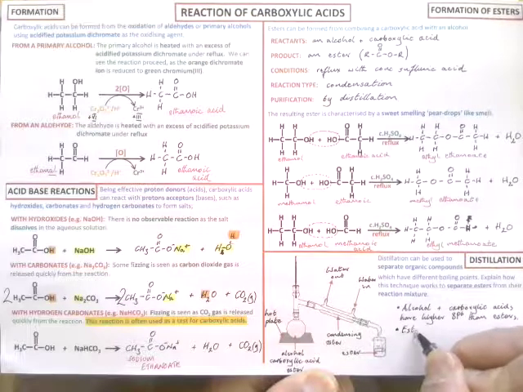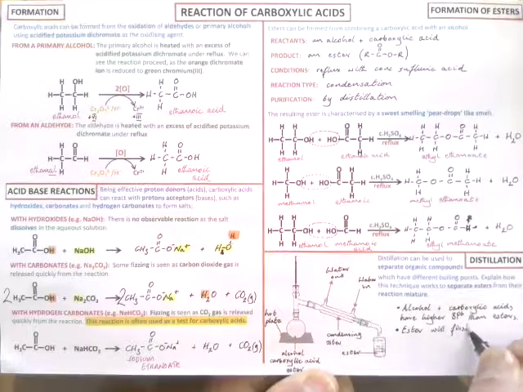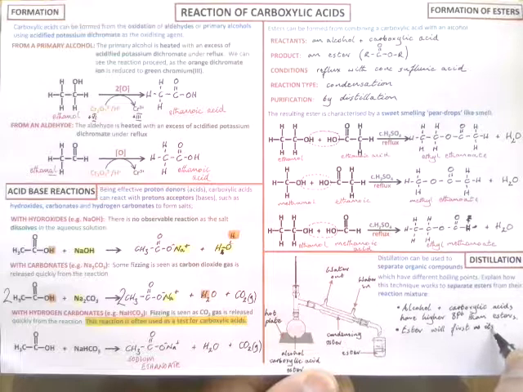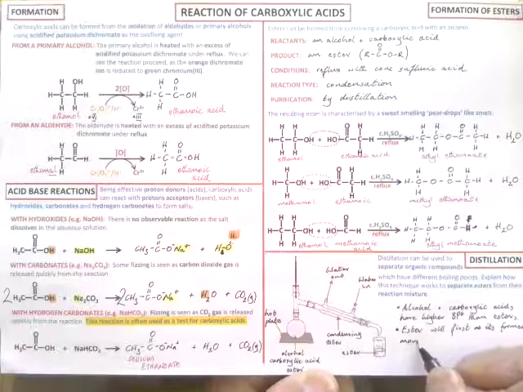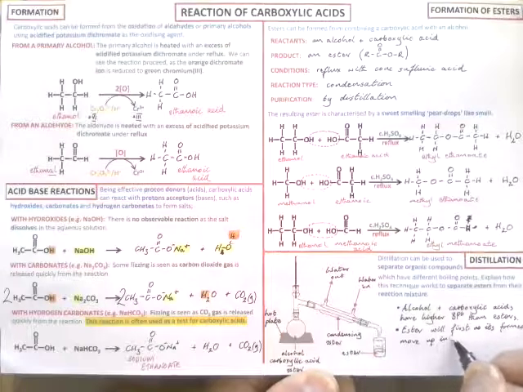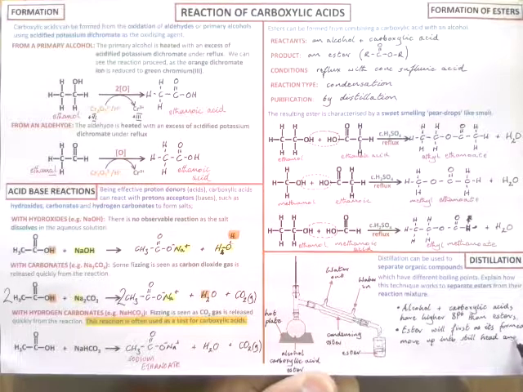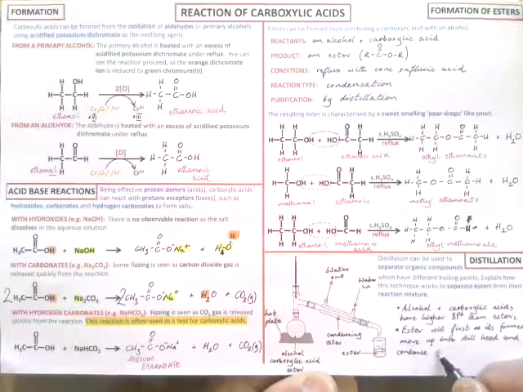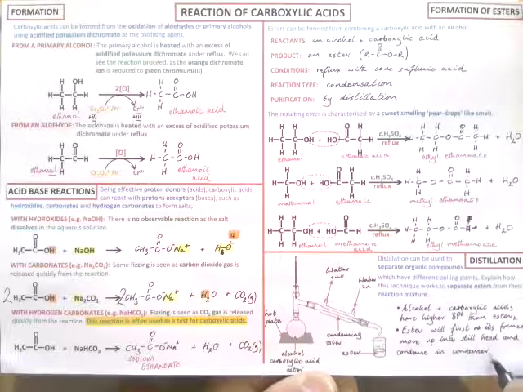Ester will boil first as it's formed, move up into the still head, this bit here, and condense in the condenser. There we go.